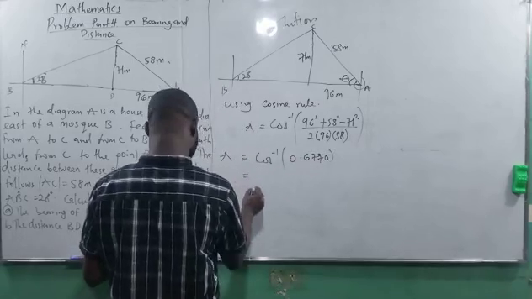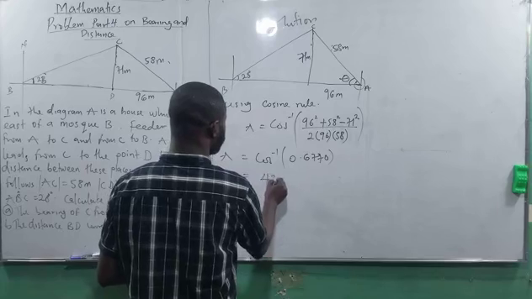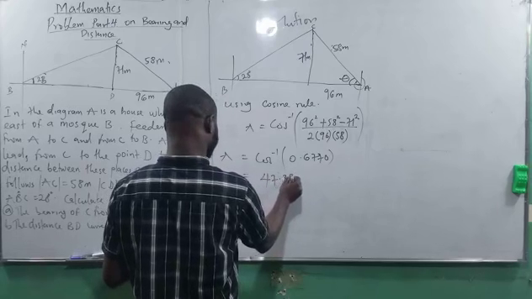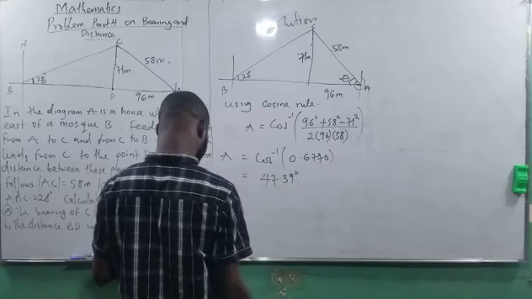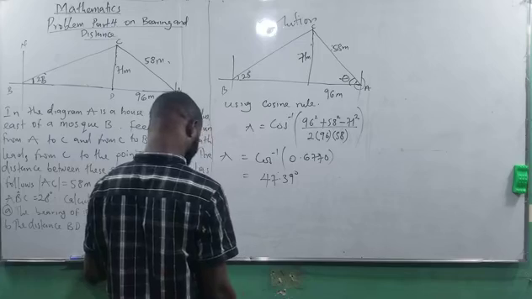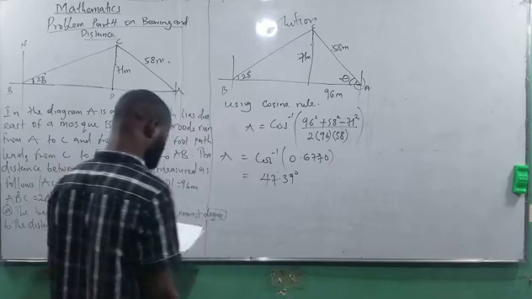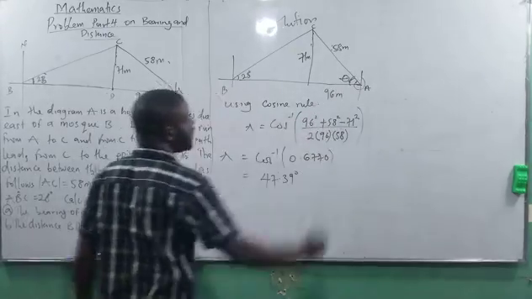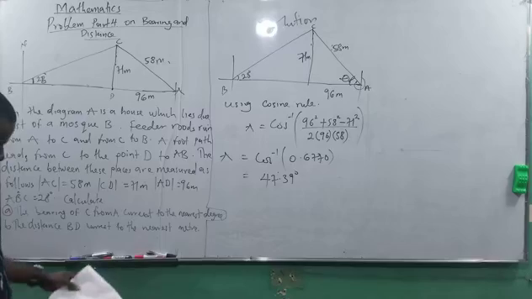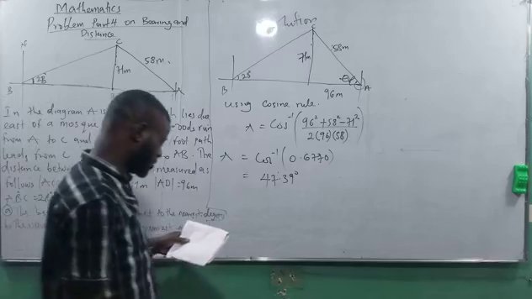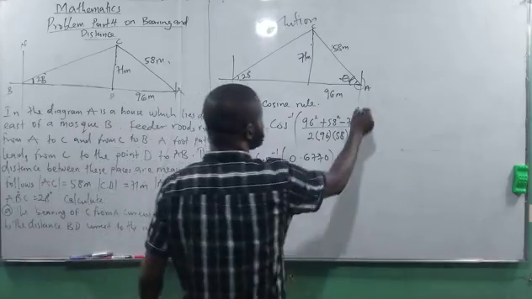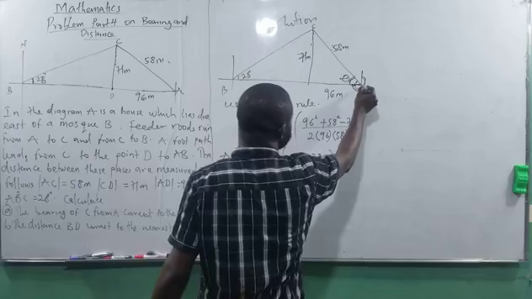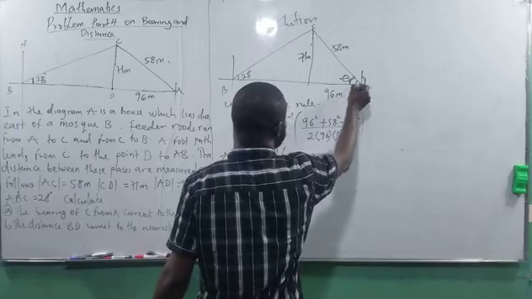Now when I do the cos inverse, I'll have 70.3 degrees. For me to get this, from here to here is 270, since 90, 90, 90 is 270.